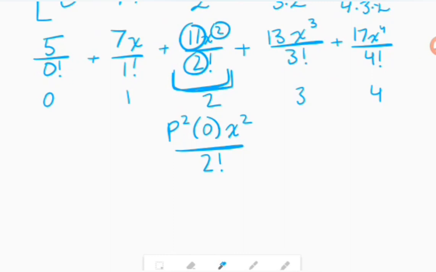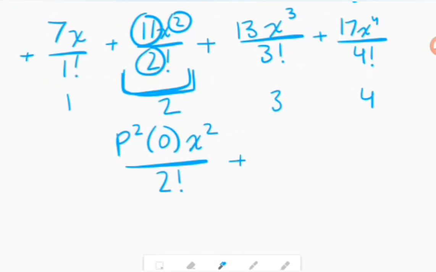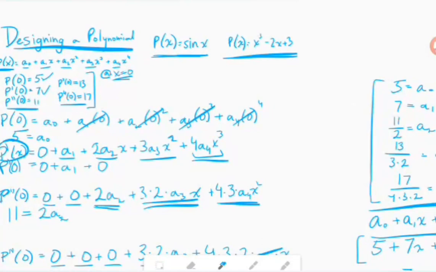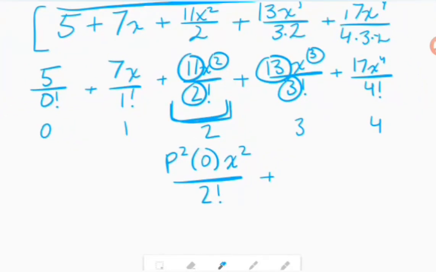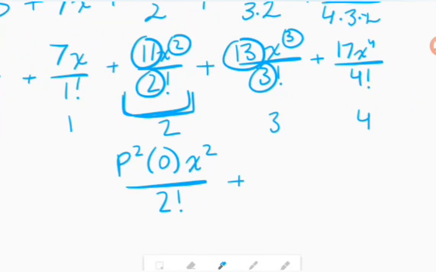Then if we go to our third term, we have x cubed and we have a 3 on the bottom. So what's this 13? Well, if we go back into our table, we see that 13 is the value of the third derivative of p at x equal to 0. So that would be the third derivative times x cubed over 3 factorial.